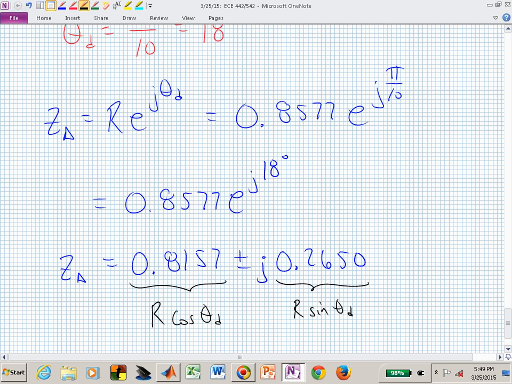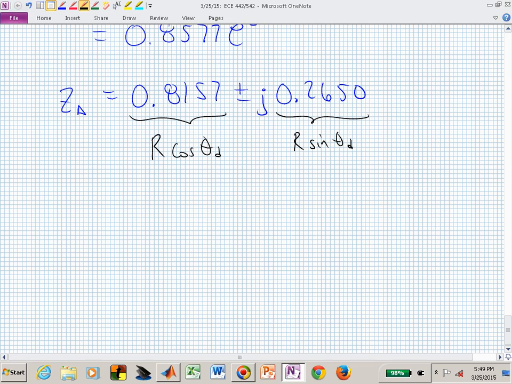Are we okay with this information? With the given information of a peak time of 10 samples and a settling time of 30 samples, we've now arrived at 2 poles that we want to have inside our transfer function. And we can put those in directly.